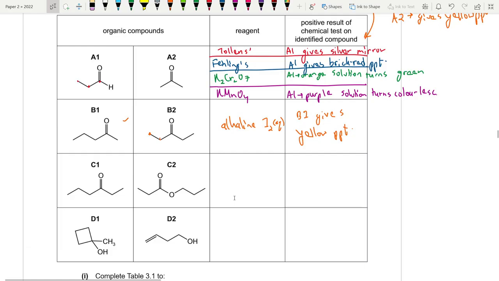Then let's go to the next one. C2 is an ester while C1 is a ketone. So we can just use 2,4-DNPH, 2,4-dinitrophenylhydrazine. C1 gives a red or orange, I personally prefer orange, or a yellow precipitate. Fine. What about D1 and D2?